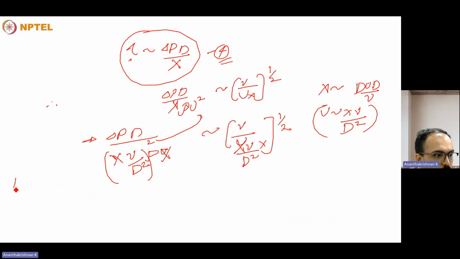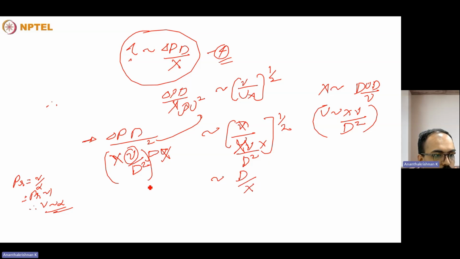Prandtl number is equal to nu by alpha. For Prandtl number approximately equal to 1, nu can be written as alpha. This particular term can be written as alpha. So this nu and nu gets cancelled here. Then it can be written as d by x.